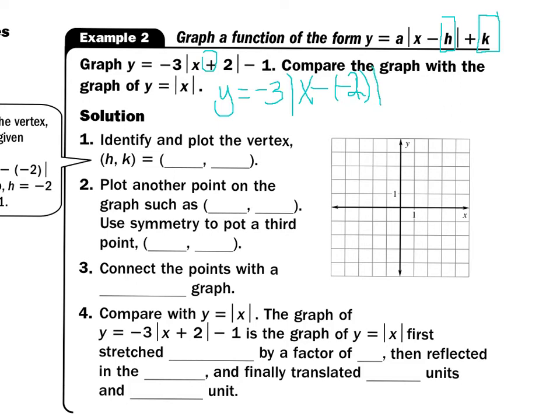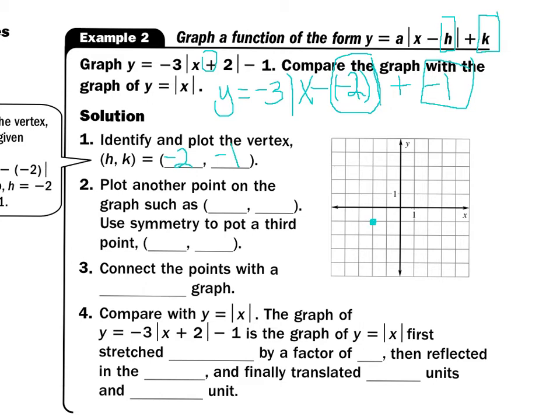And then I need a plus sign there. But we know that plus a negative 1 would still equal minus 1. Now I can pull my h and k straight off. So my h is negative 2, and my k is negative 1. That's the vertex. So negative 2, negative 1.